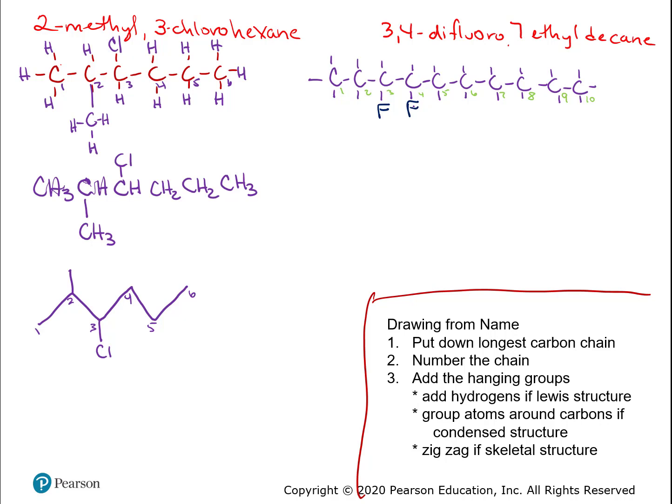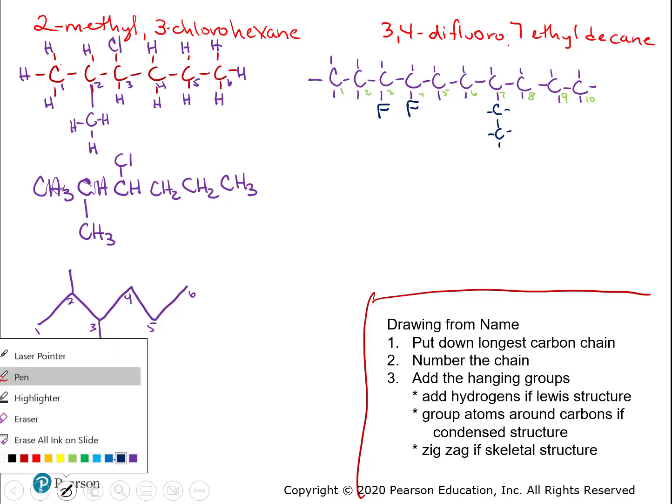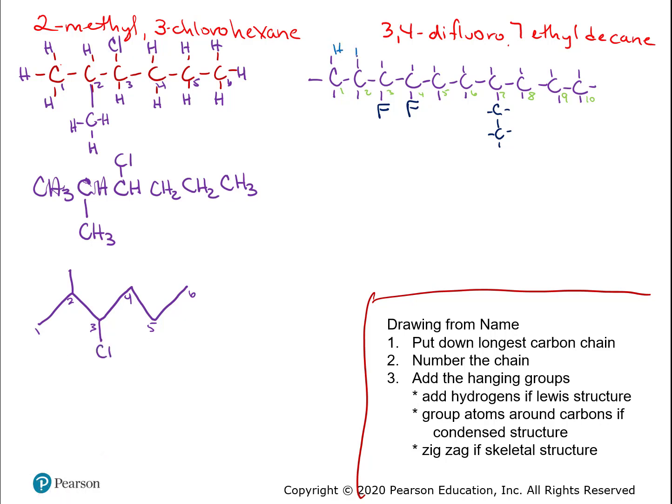And then what's 7-ethyl? What do I have to do? What is an ethyl? It's 2 carbons. So that means that it's a C. If I was going to draw Lewis structures, those would all have H's. So all of these are hydrogens.